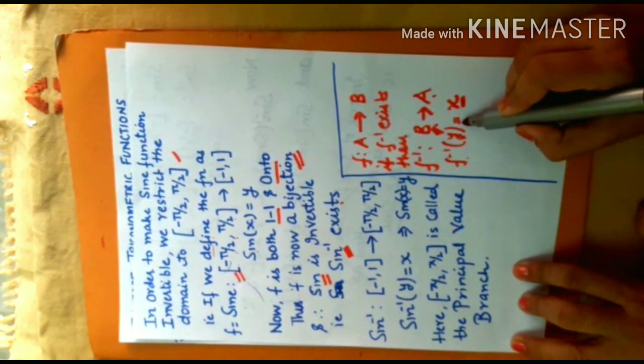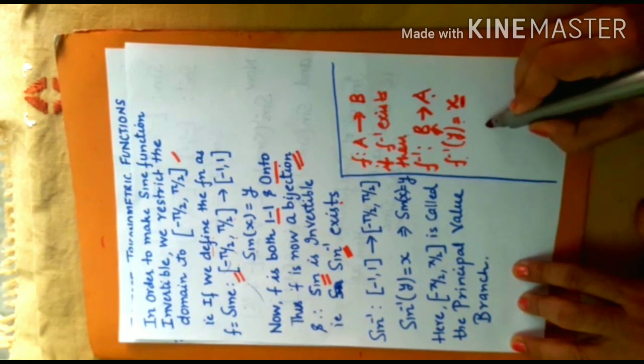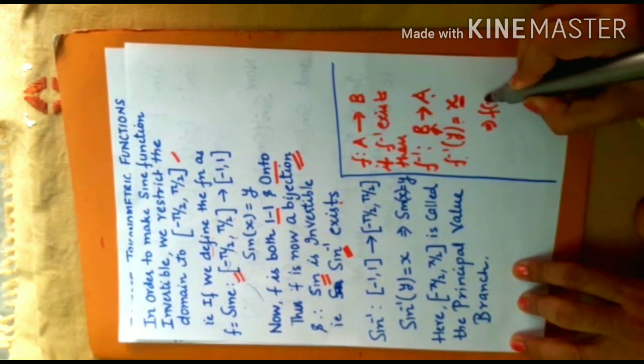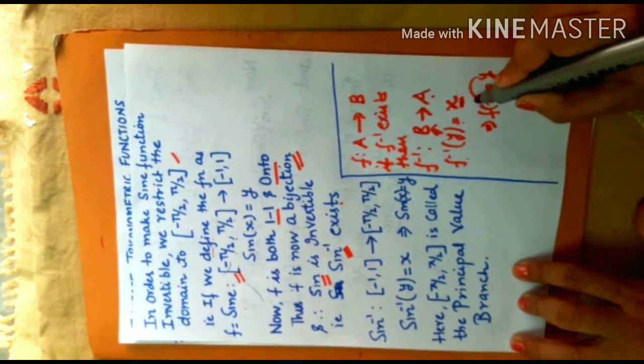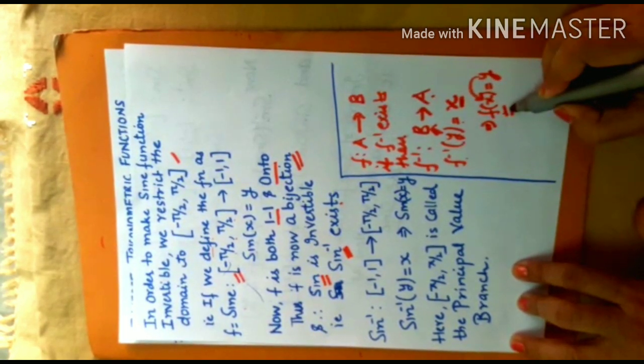So f inverse y is equal to x, and this should imply f x is equal to y. That is, the pre-image of y should be x under the function f.